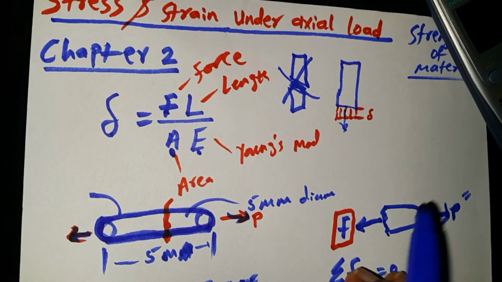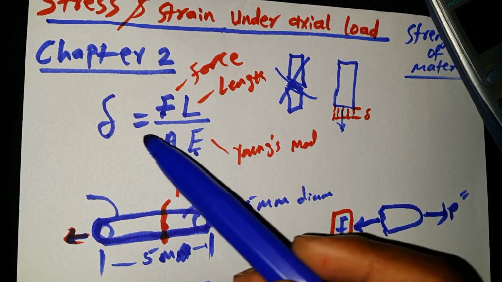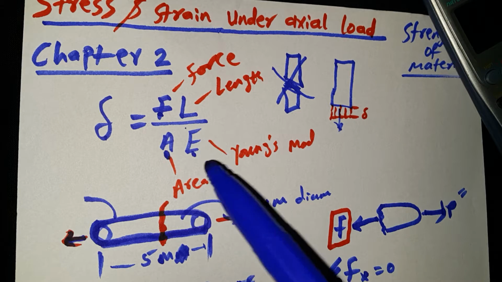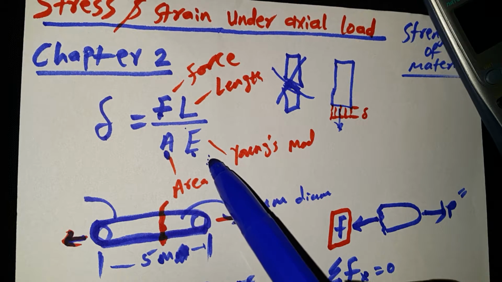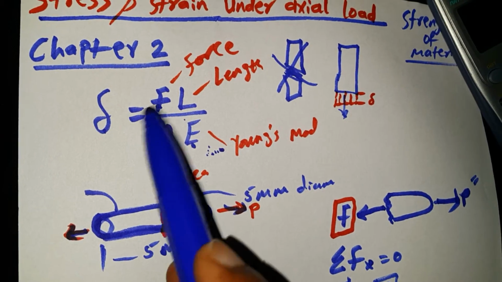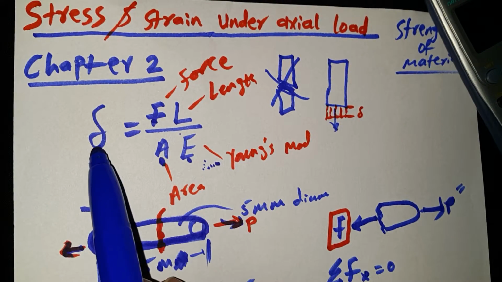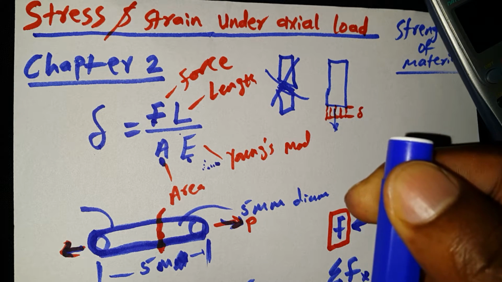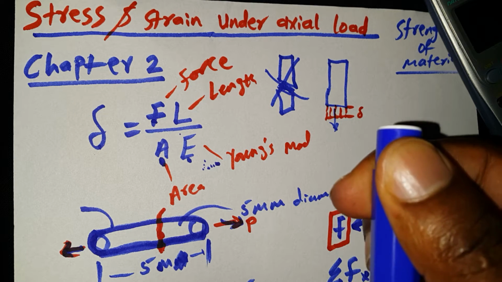Let me try to go through it again. From the introduction we derived this formula, which we'll be using mostly in this chapter 2. The main reason for this chapter 2 is to find the deformation after you apply a force on a member. The force will extend it a little bit.